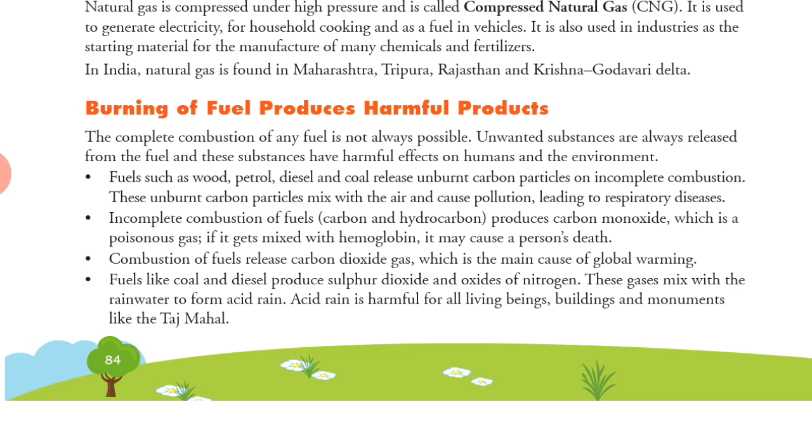Fuels like coal and diesel produce sulfur dioxide and oxides of nitrogen. The gases mix with rainwater to form acid rain. Acid rain is harmful for all living beings, and for buildings and monuments like the Taj Mahal. So there are some harmful products formed during the burning of fuels.